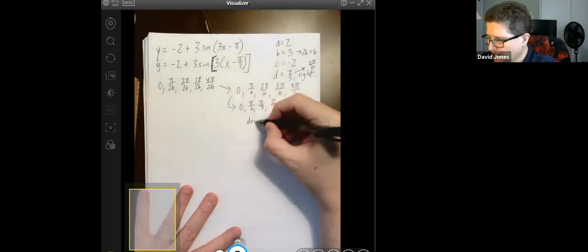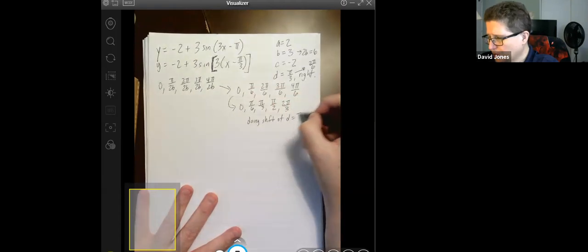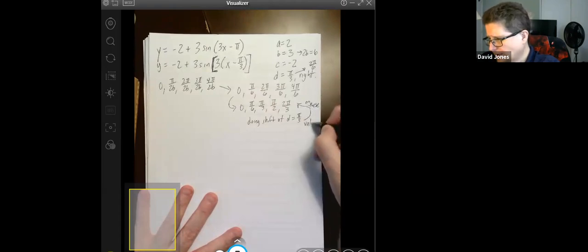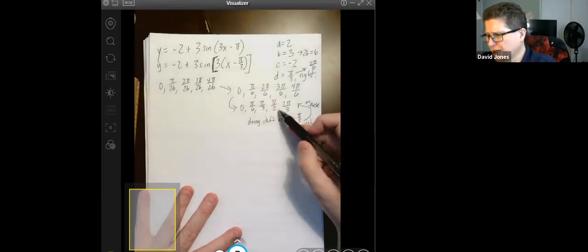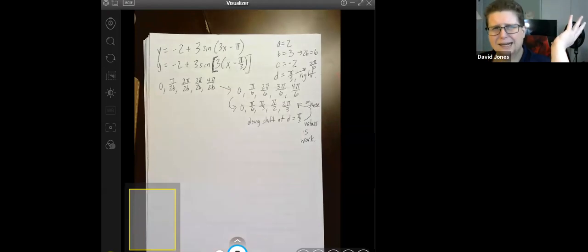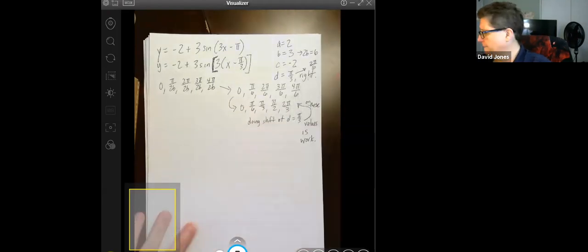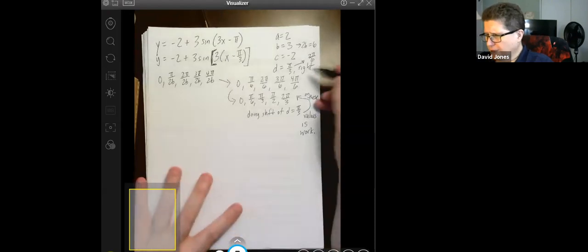Doing a shift of d equals pi over 3 on these values is work. Pi over 2, shifting it pi over 3. I need a common denominator. Doing it this method gives me the common denominator right away. Okay? So let's do that. I'm going to be shifting to the right.